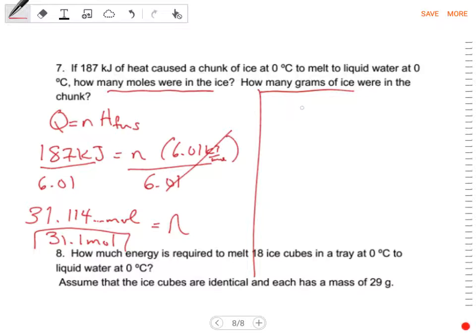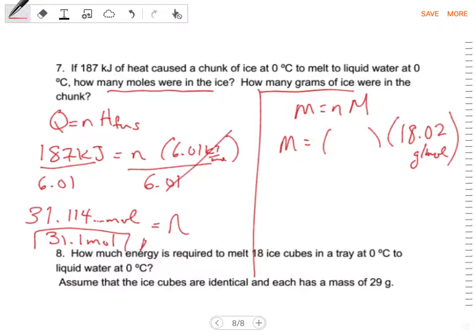Well, mass equals moles times molar mass. The molar mass of water, as we all know by now, is 18.02 grams per mole. I just put that in there, no need to calculate that. One thing you're going to learn as you go through chemistry and physics is that it's best to use the long-winded, calculated, non-rounded form of this number.